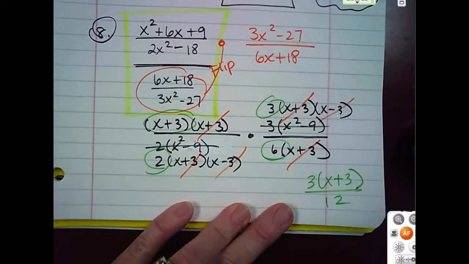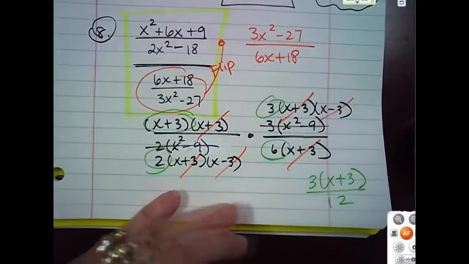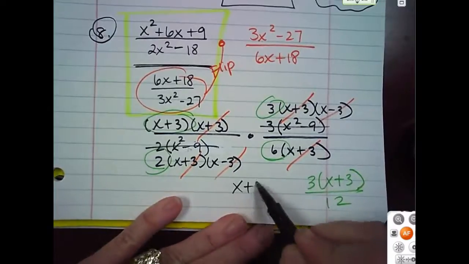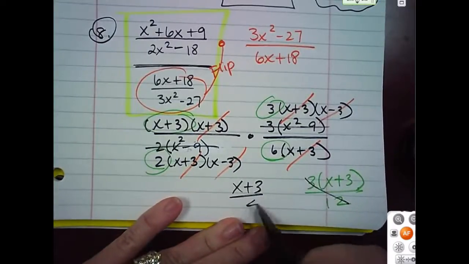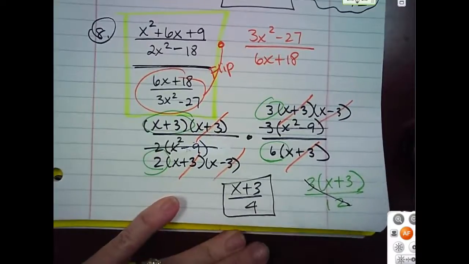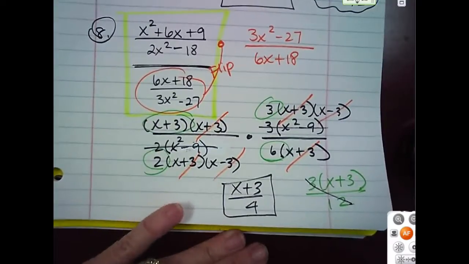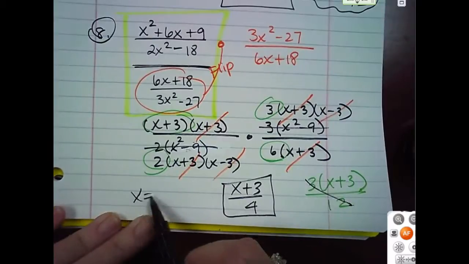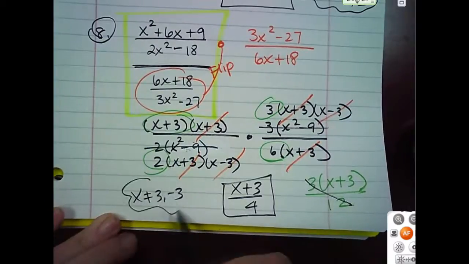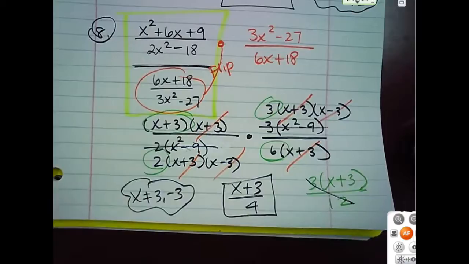Just don't box your answer till you're done. So then the actual answer is x plus 3 over 4. And if you found it first, it's fine. It doesn't matter where. Now for your zeros, x can't be 3 or negative 3.